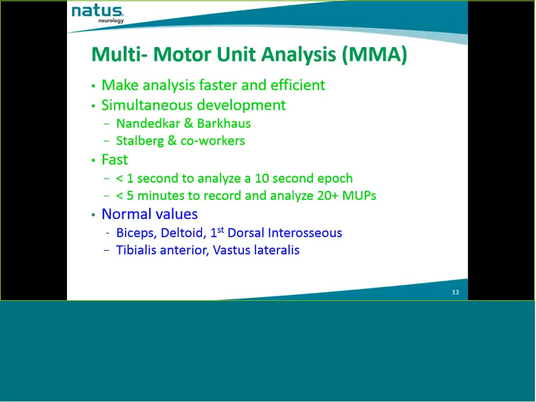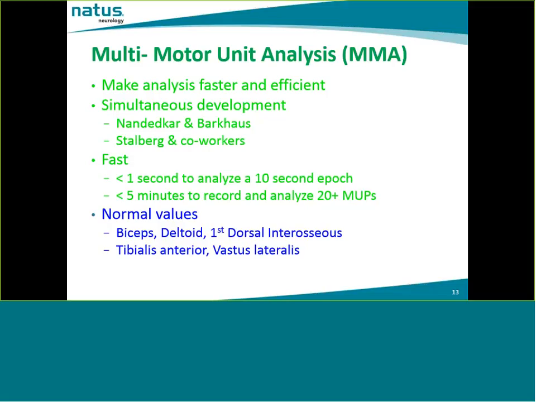With interest in this technique, normative values are also available. They have been published mainly by Professor Stalberg and co-workers. Nandedkar and Barkhaus have also given some normal values. The important thing is that the values are available for biceps, deltoid, and first dorsal interosseous muscle. They represent the C5, C6 roots, and also the C8 root. So these are the typical radiculopathy screens that you may want to do in the upper limb.